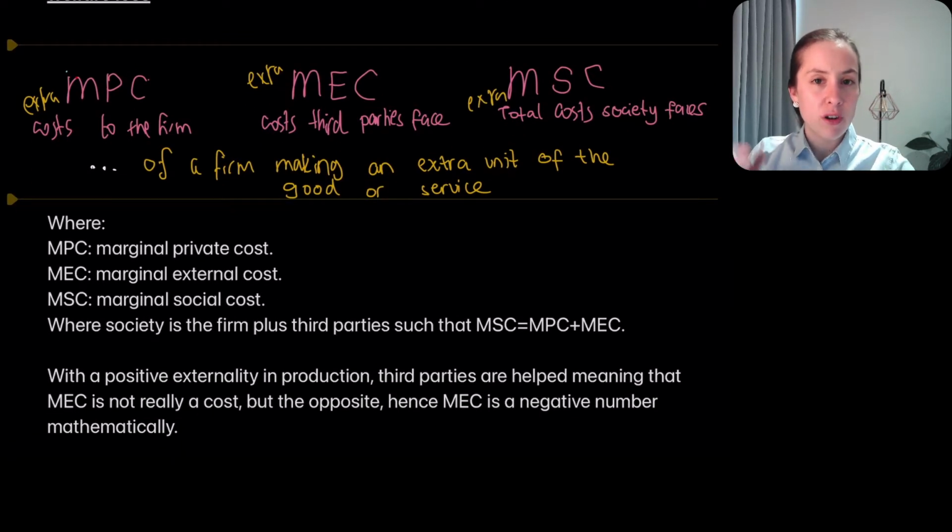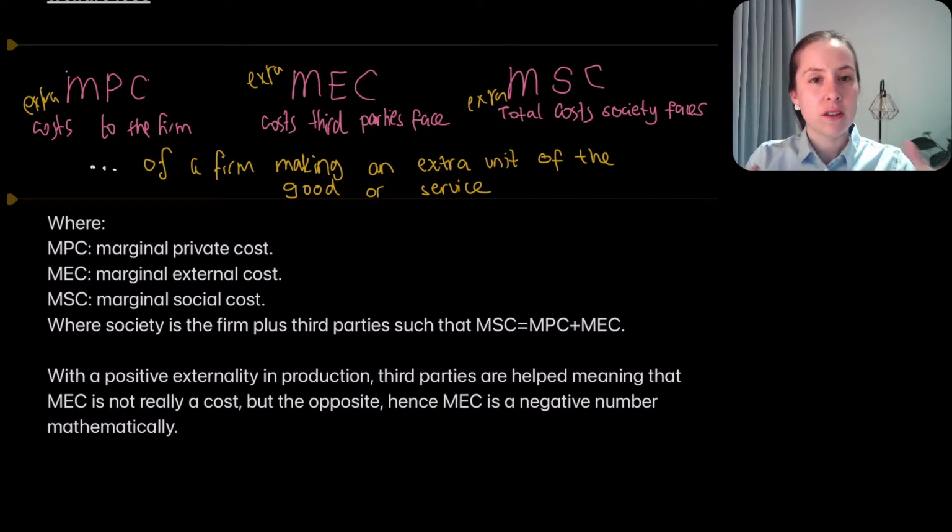So here's a quick summary. When we're dealing with production, remember the convention is to look at MPC, MEC, MSC. MPC means marginal private cost, MEC marginal external cost, MSC marginal social cost. Remember, MPC is the cost that a firm has faced just to produce that extra unit.